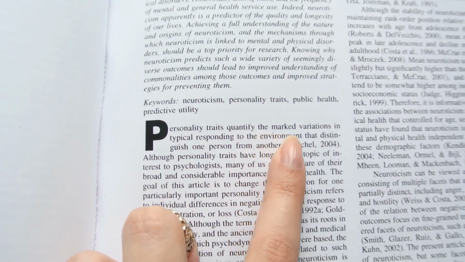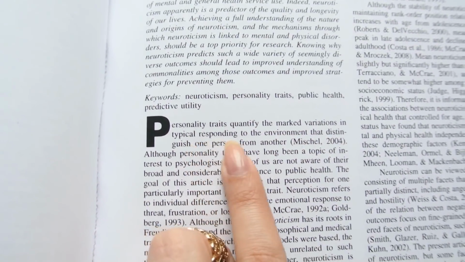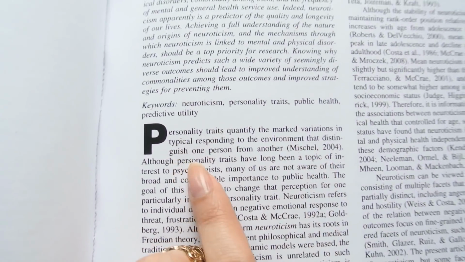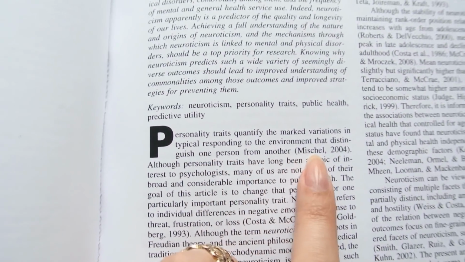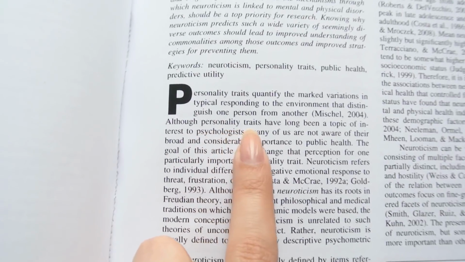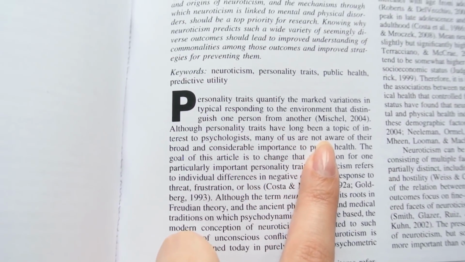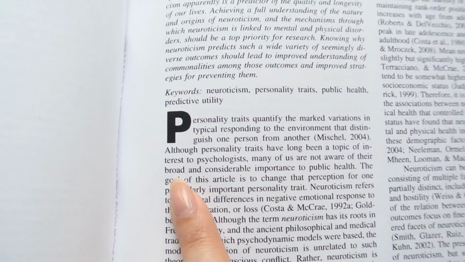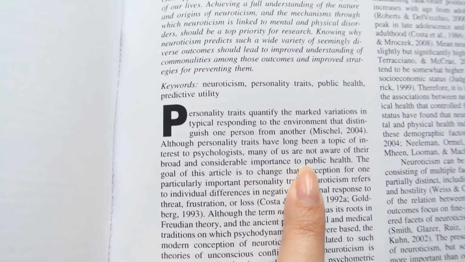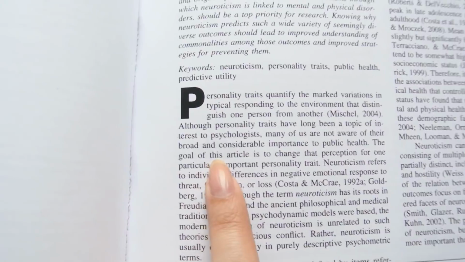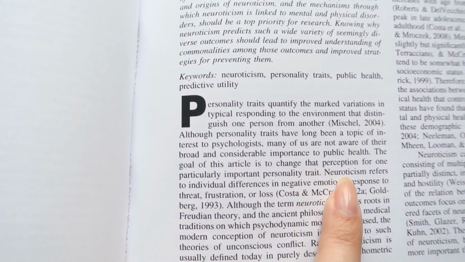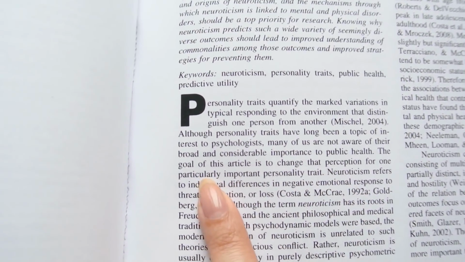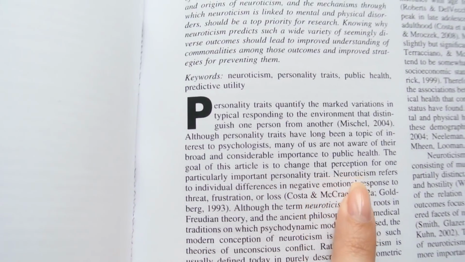Personality traits quantify the marked variations in typical responding to the environment that distinguishes one person from another. Although personality traits have long been a topic of interest to psychologists, many of us are not aware of their broad and considerable importance to public health. The goal of this article is to change that perception for one particularly important personality trait.